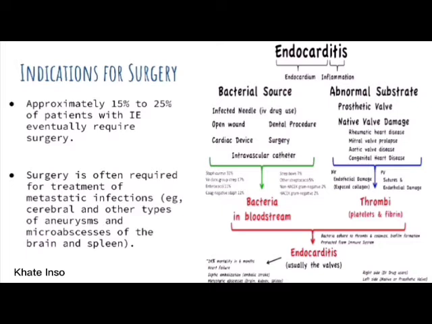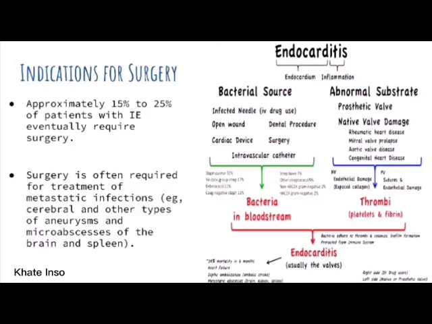So endocard is for endocardium, and also itis is inflammation. So there are 2 types for endocarditis, the bacterial source and abnormal substrate. For the bacterial source is infected needle and open wounds, cardiac devices and surgery, intravascular catheter, and also dental procedure.